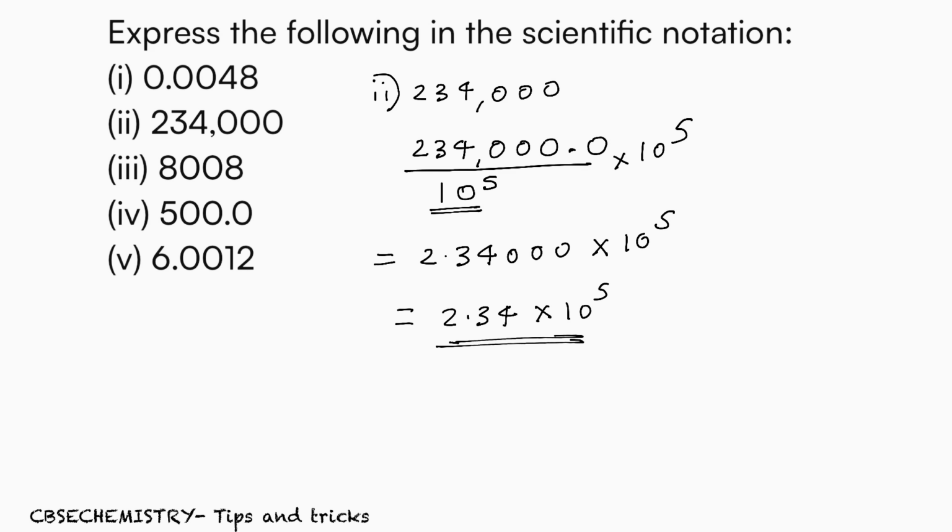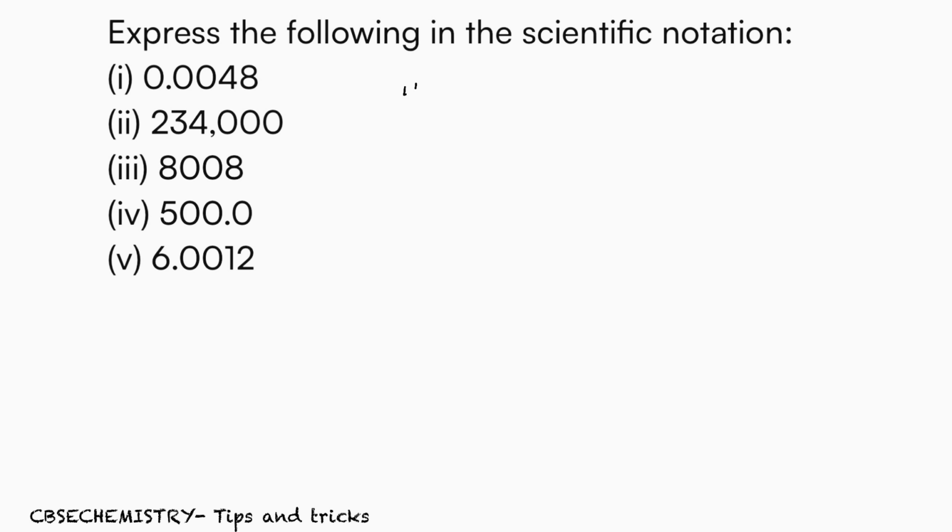Hope you understand. Next is 8008. Correct? So for easiness, write like this. Now our aim is to shift this point to this position, just after the first non-zero number. So 1, 2, 3. 3 positions left, right? So divide by 10 raised to 3, which means 1000.